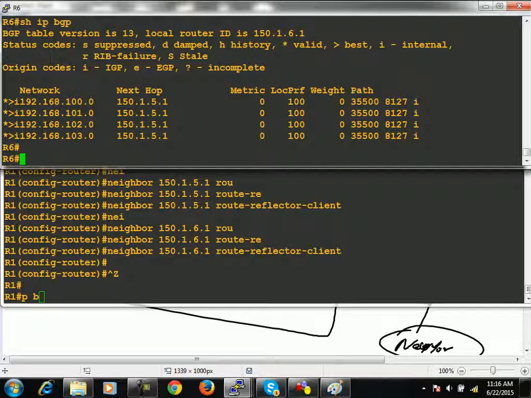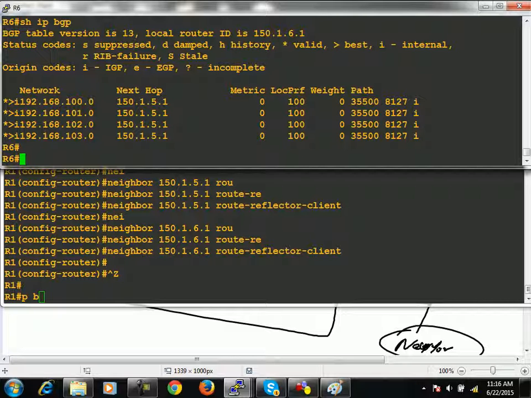As I said previously when I was explaining BGP, this is one of the good features of BGP, that for IBGP it does not modify its next hop address. And now I will prove why it is good for us that BGP does not modify its next hop address for its IBGP neighbors only.